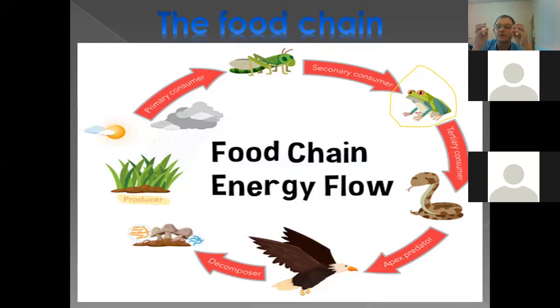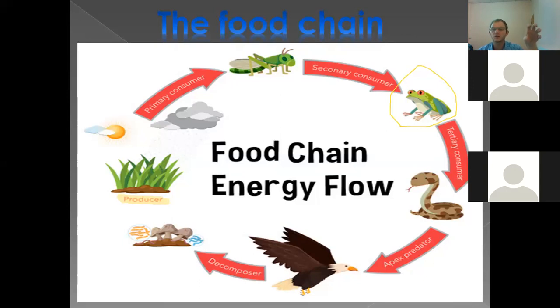And when they feed off the dead animal, that helps to give nutrients to the soil. And where does our producer come from? The soil. So now the plant has enough energy from the soil to grow. And that is our cycle.